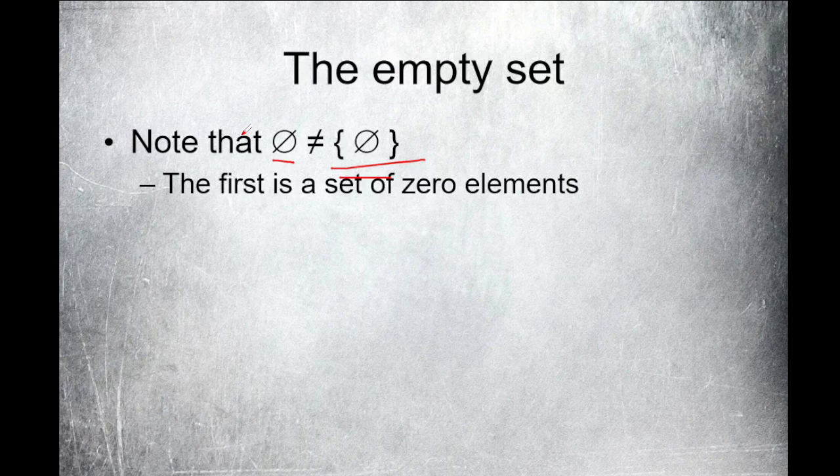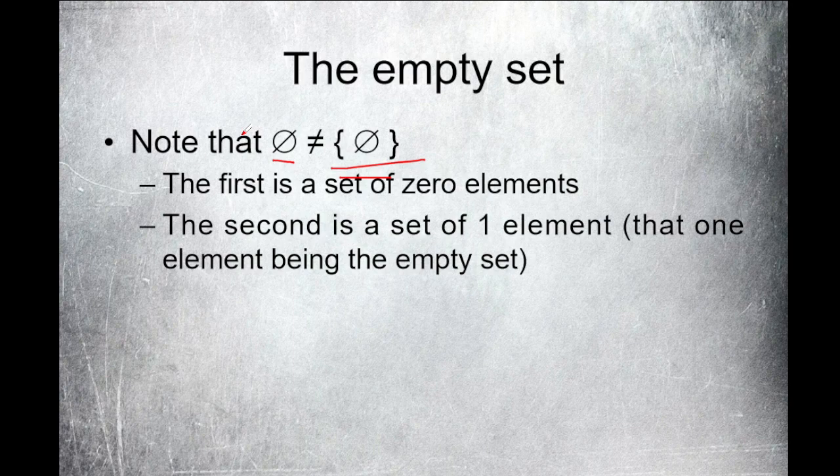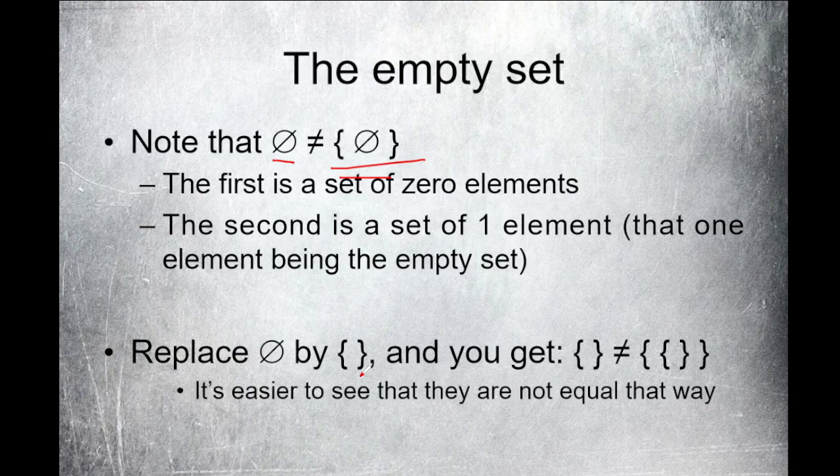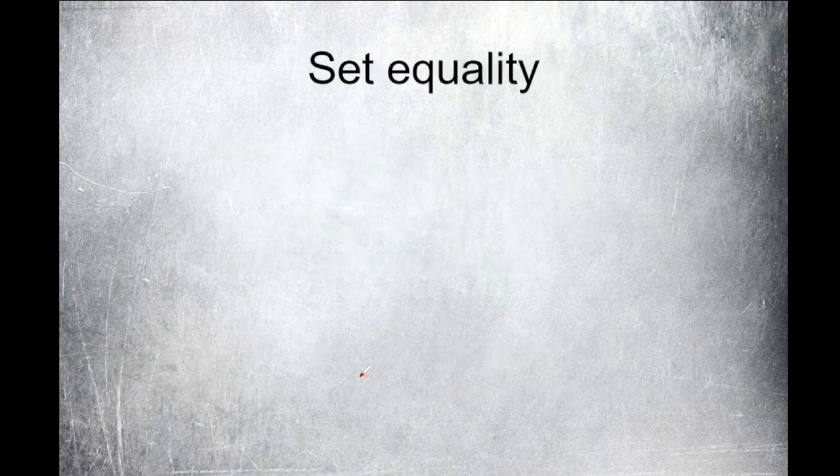Okay, so the first is a set of 0 elements and the second is a set of at least 1 element. So wherever necessary we can replace this phi with the null set and that would be okay. So we can say that they are not equal in these cases.